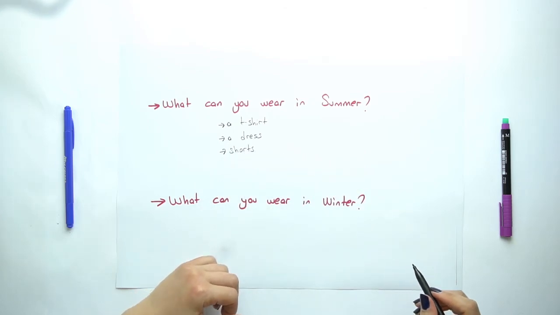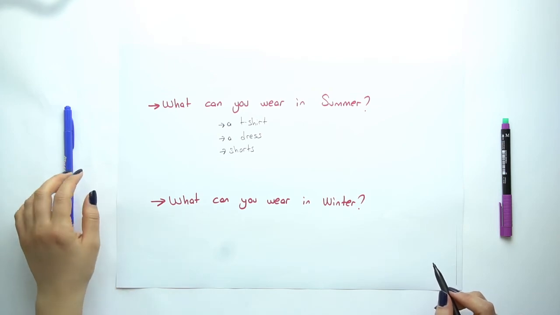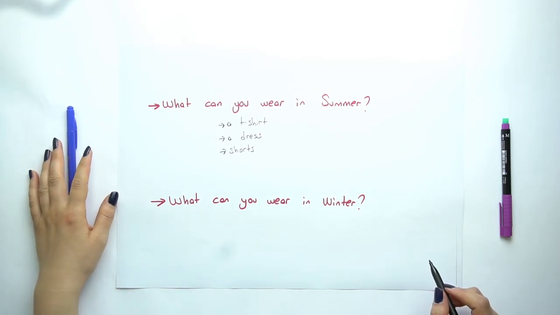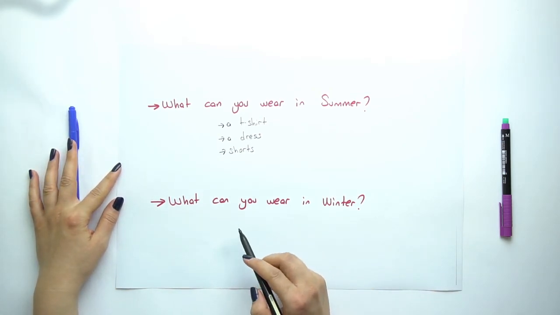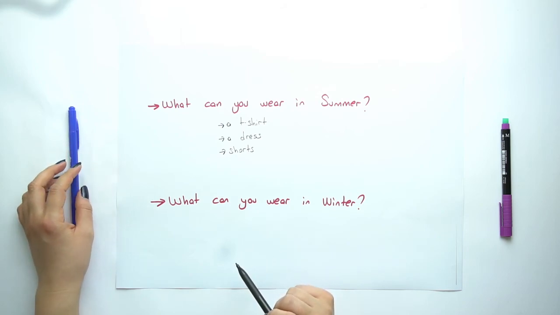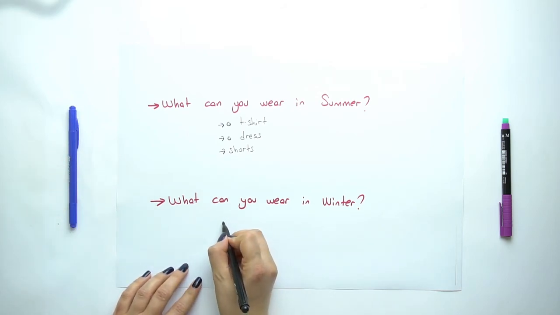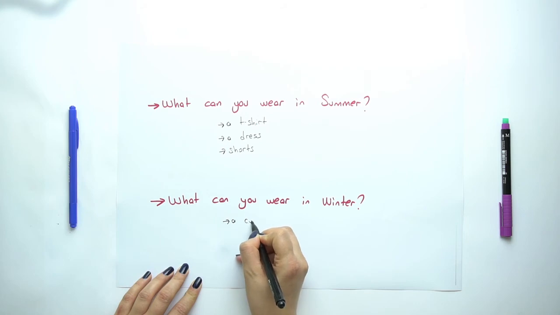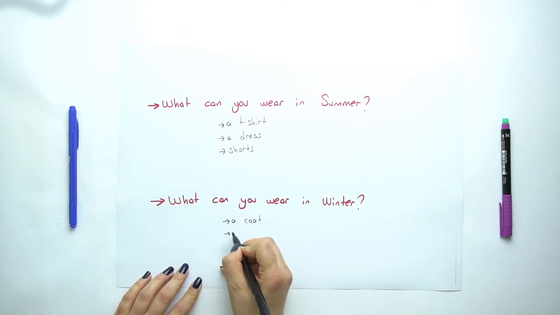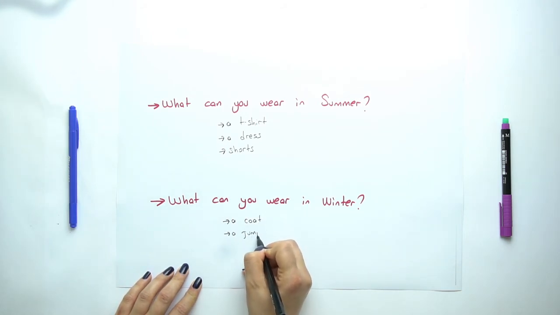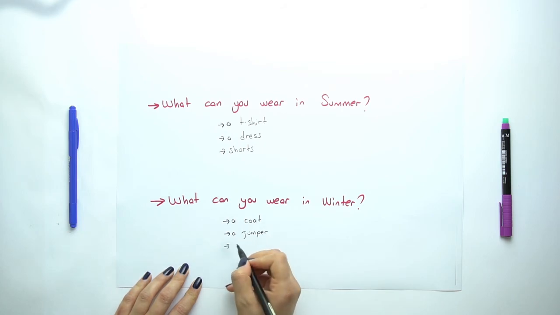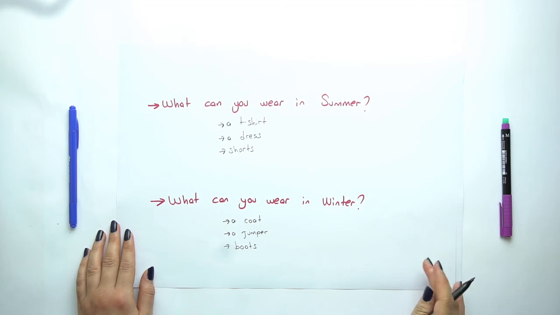These are the examples about the clothes that we can wear in summer. And next one, what can you wear in winter? So, a coat, a jumper, and boots. We can wear these clothes in winter.